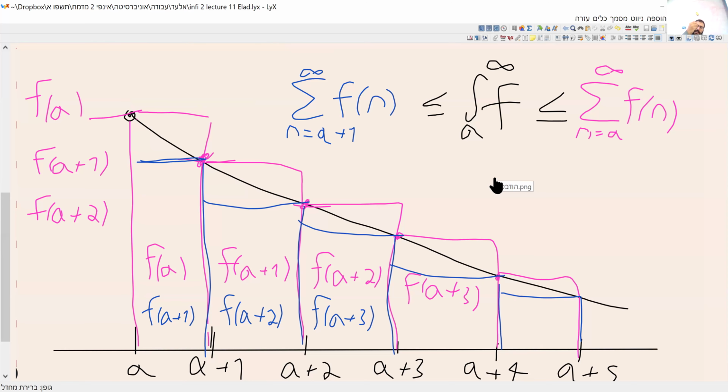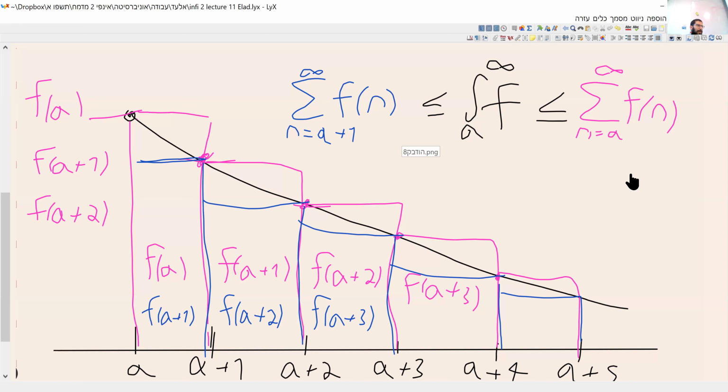And now, intuitively speaking, if the series converges, then the integral, which is smaller, converges as well. Some sandwich or whatever. And the other way around, if the integral converges, then the blue series converges, again a sandwich or something. And then, because the blue and the pink are almost the same, the pink converges as well.